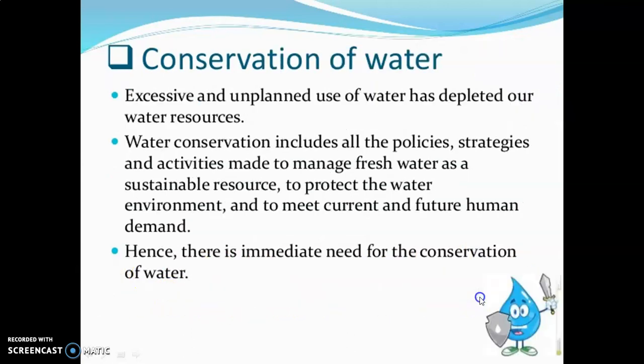This is due to the overuse of water. Conservation of water: the excessive and unplanned use of water has depleted our water resources. Water conservation includes all the policies, strategies and activities made to manage fresh water as a sustainable resource, to protect the water environment and to meet the current and future human demand. Hence, there is an immediate need for the conservation of water.